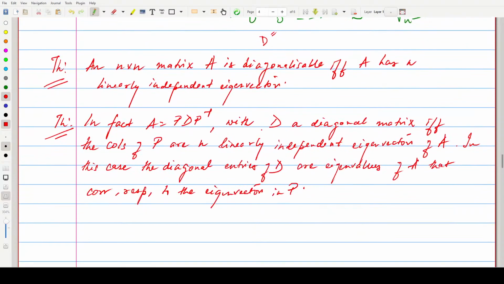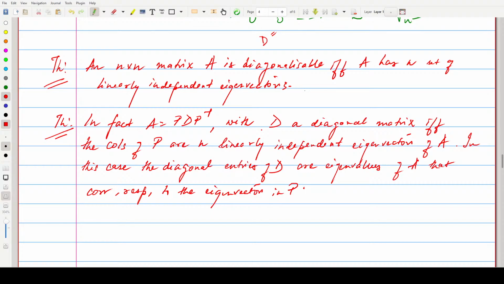Okay. So what we are going to be doing now is that an n cross n matrix is diagonalizable if A has a set of linearly independent eigenvectors.